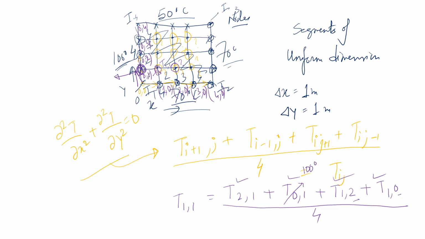Again, let us see what is T12. T12 will be this point. This is unknown, correct? This is unknown T21. This is unknown T12. But do we know what is T10? T10 will be this point. And all these points at this edge are at 70 degrees centigrade. So this will be your 70 degrees centigrade.